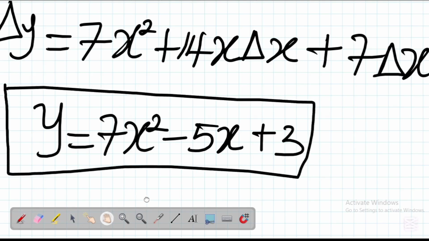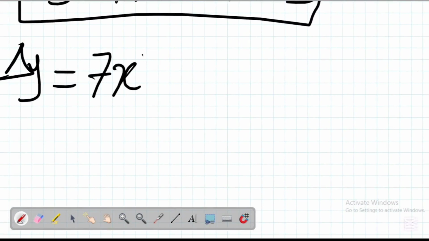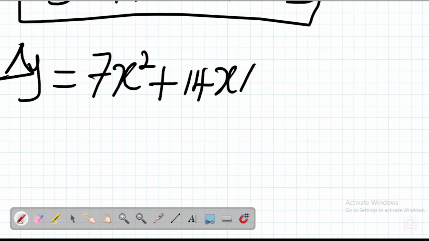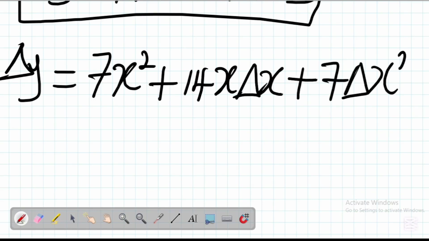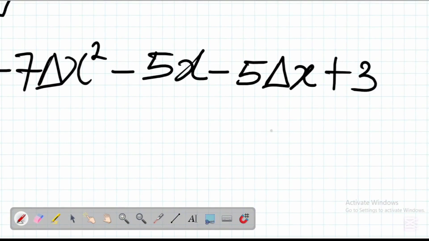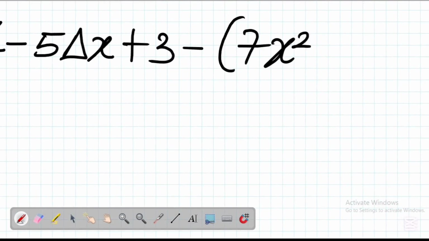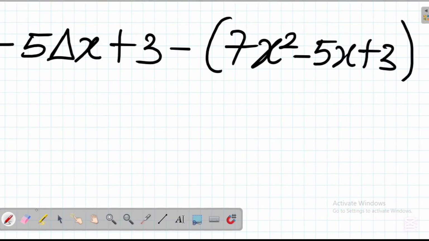So if we substitute y into the equation, we would have change in y equals 7x squared plus 14x change in x plus 7 change in x squared minus 5x minus 5 change in x plus 3 minus open bracket 7x squared minus 5x plus 3, then close bracket.